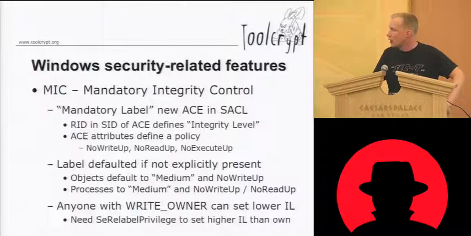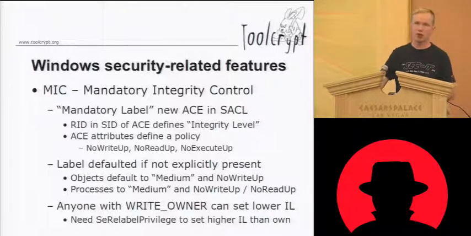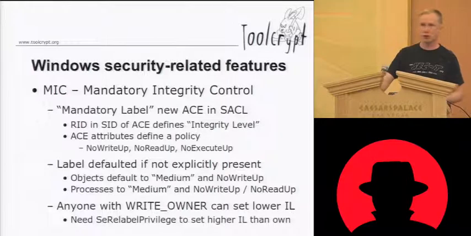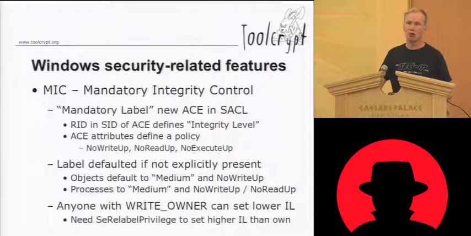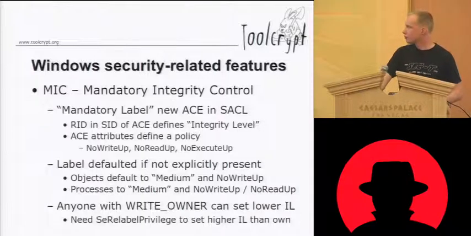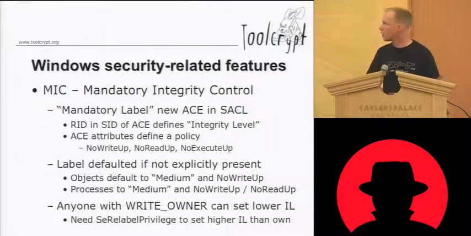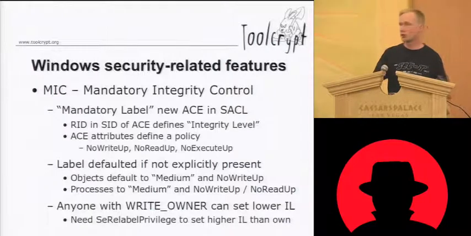And the reason why processes also have the no read up policy is to prevent a low integrity process from reading sensitive memory from a higher integrity level process, such as maybe passwords stored in memory or something like that. And anybody can set a lower integrity level on a system resource.